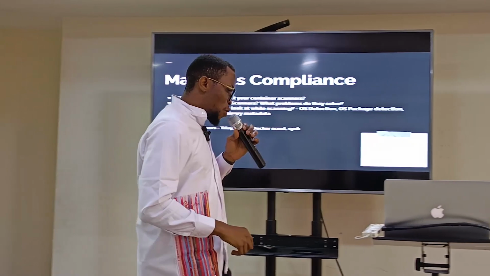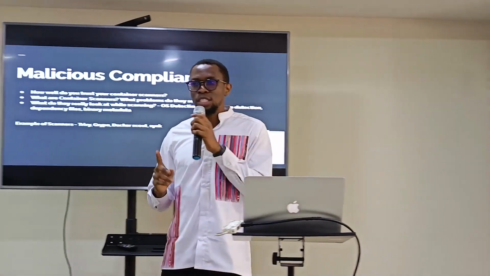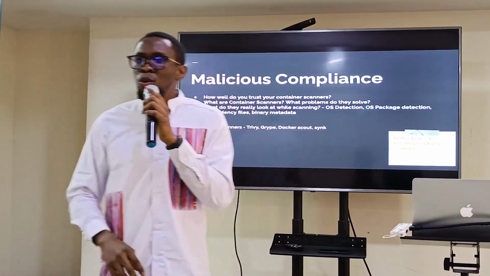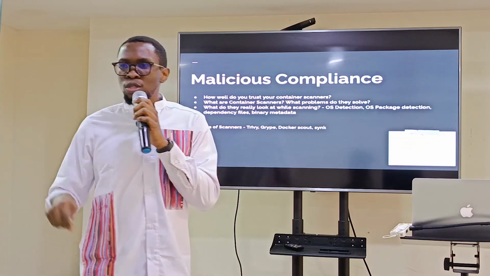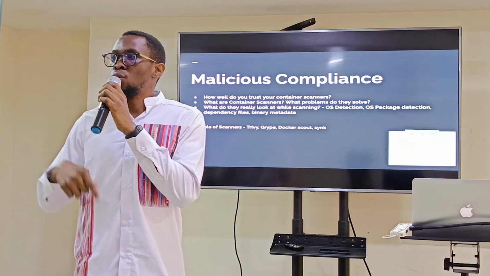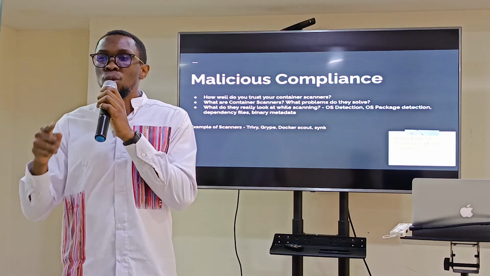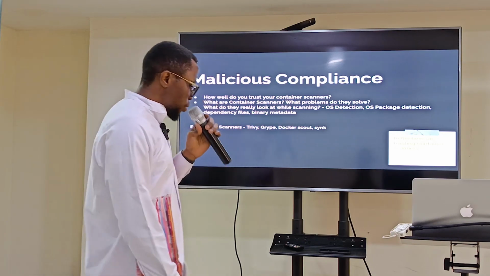But before we even think about fixing CVEs and every other thing, we must first consider something. How do we detect these CVEs? What are the scanners? Are they to be trusted? Why do we trust them? How do they work? Because when you understand how they work, then there's a way you can better handle your security profile itself.